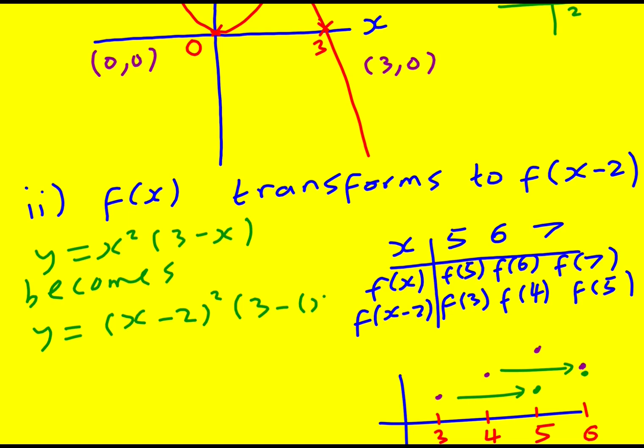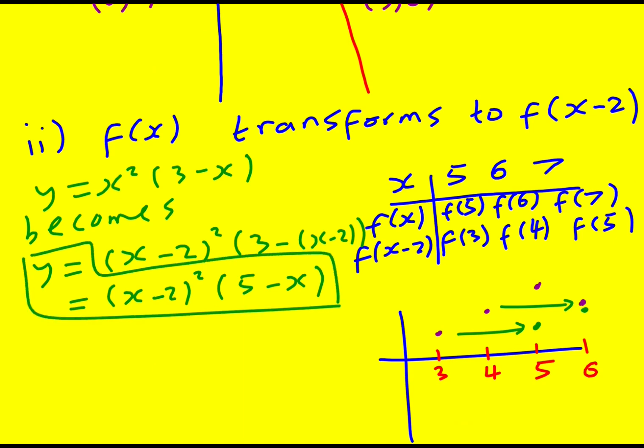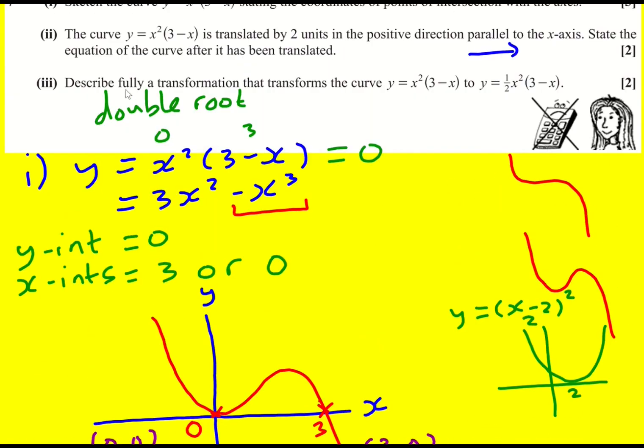So (x minus 2) squared times (3 minus (x minus 2)). And that's going to give me 3 minus x, and I'm going to get a plus 2, so it's actually going to be 5 minus x here. Okay, nicely done.